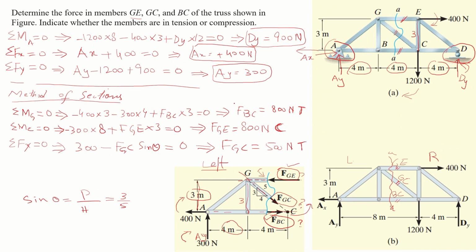These are the three answers: FBC, FGE, and FGC. These were the three forces that were needed to be determined in the question. So in this way we can find any force in the truss by method of sections. Thank you.